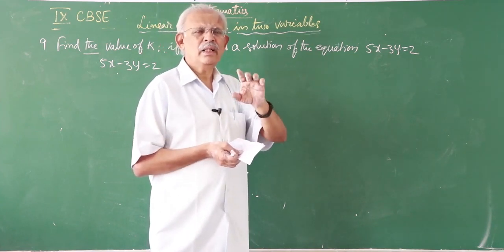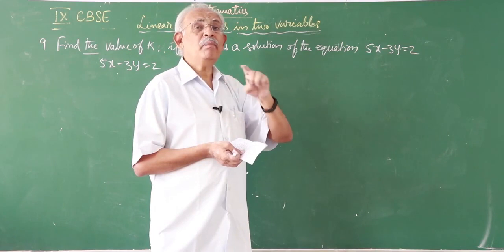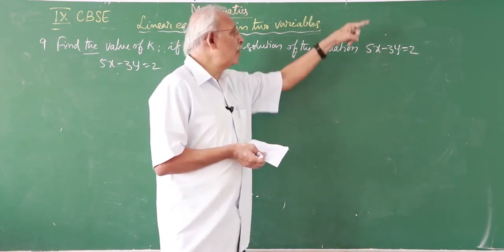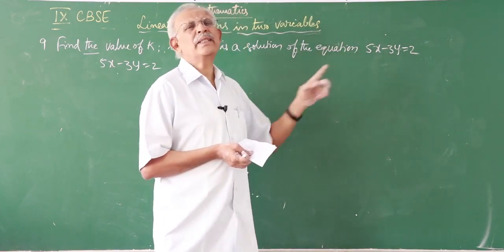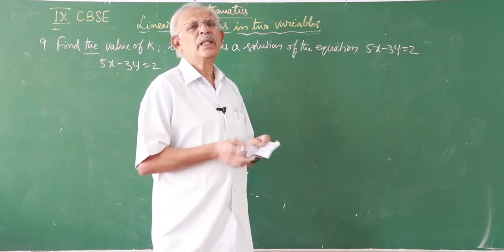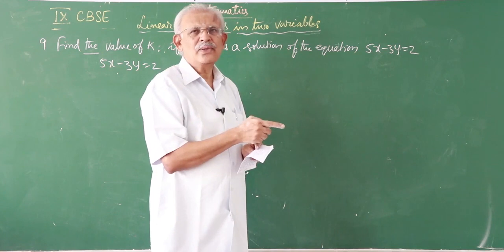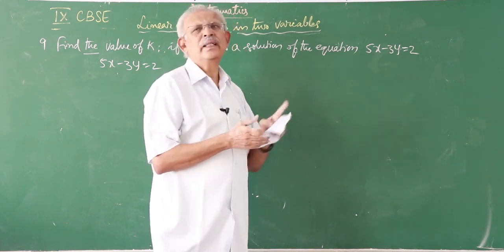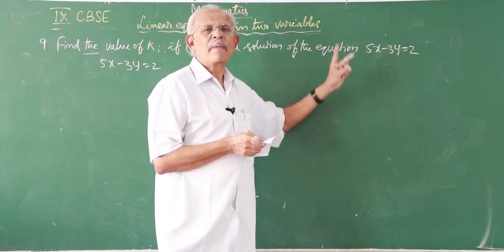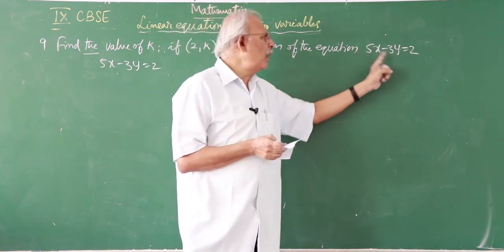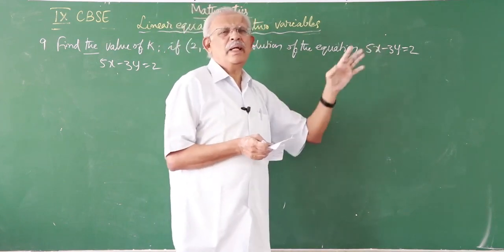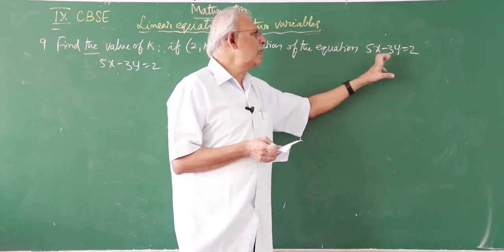If you take every pair of values for any point on the line, it will satisfy the equation. If you take any point on the line and take those values, they satisfy the equation.